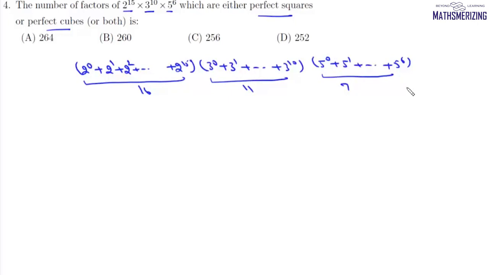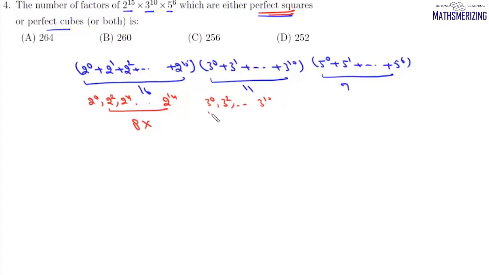Now first we'll find the number of factors which are perfect squares. For perfect squares, we need even powers for these numbers. Even powers for 2 will be 2 to the power 0, 2 square, 2 to the power 4 up to 2 to the power 14. So it will be 7 and 1, 8. So there will be 8 such values, and then for 3 it will be 3 to the power 0, 3 to the power 2 up to 3 to the power 10.